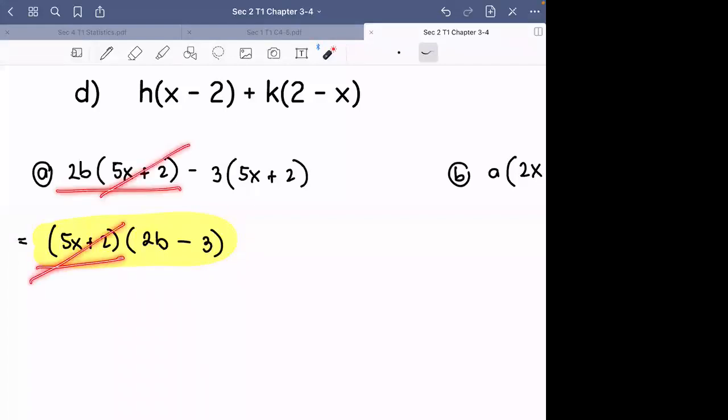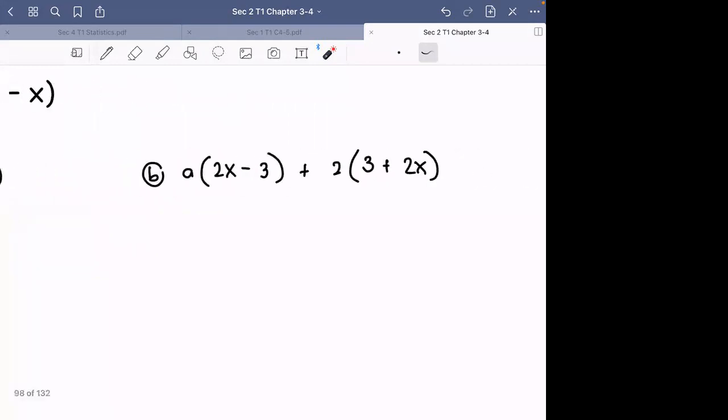So 5x plus 2 gets cancelled, right? So what's left? 2b. That's why you have 2b here. And then minus 3 times 5x plus 2 divided by 5x plus 2. So 5x plus 2 gets cancelled. That's why you only have minus 3 over here. And then that's it.